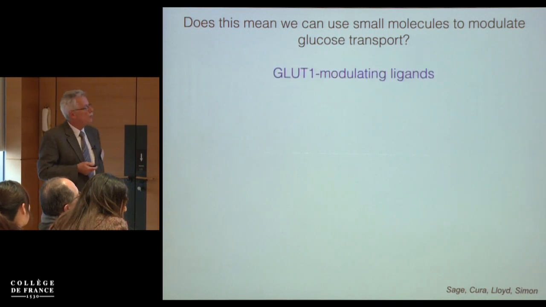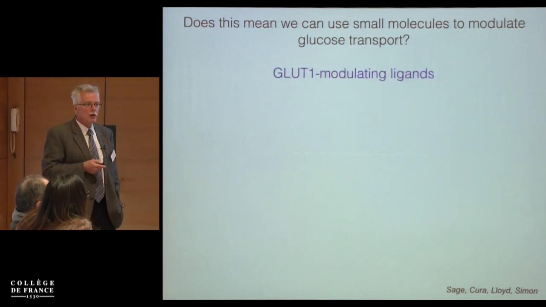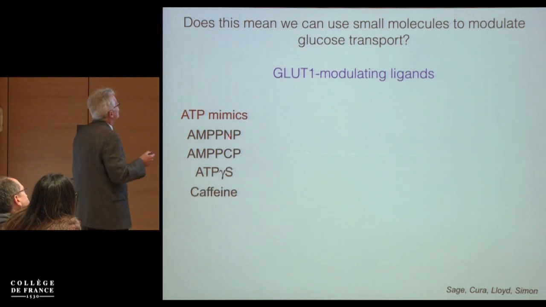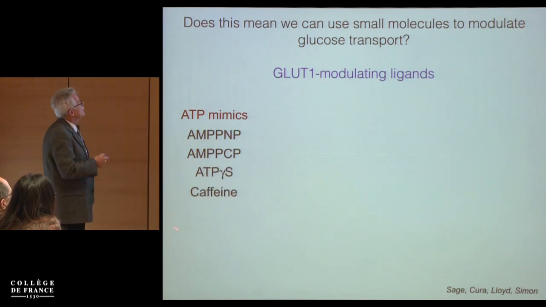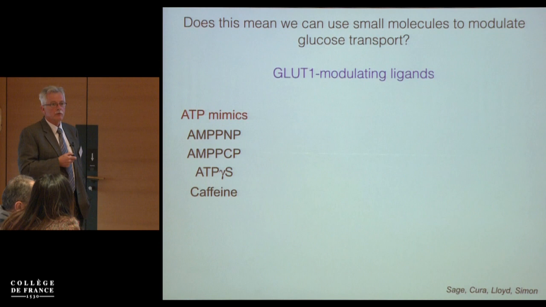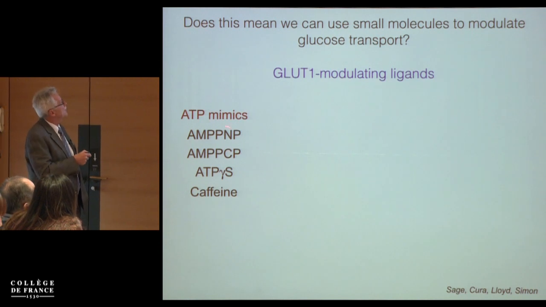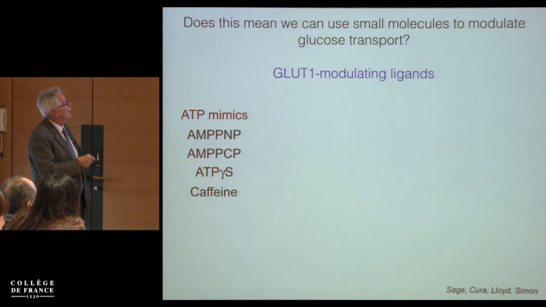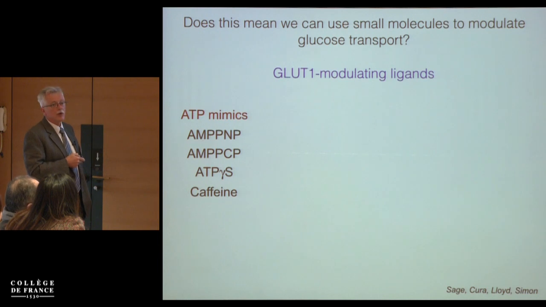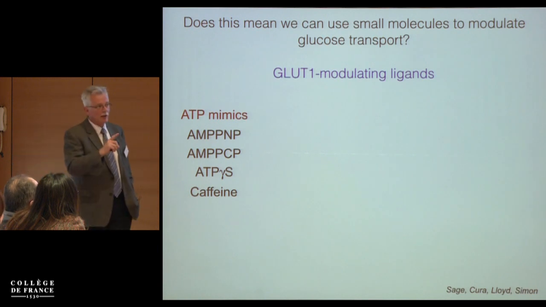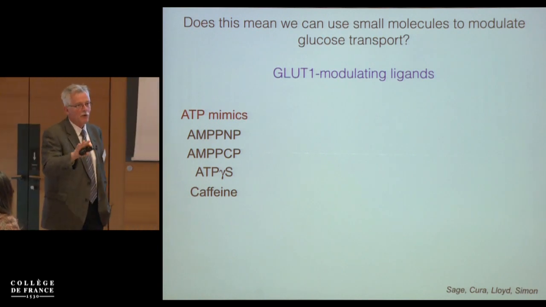So does this mean then we can use small molecules to regulate glucose transport? We know that these compounds mimic the action of ATP on glucose transport. These are non-hydrolyzable ATP analogs, and caffeine is an incredibly good inhibitor of transport. Fortunately, at millimolar levels, so the caffeine we've all had today, that's micromolar. We're okay.